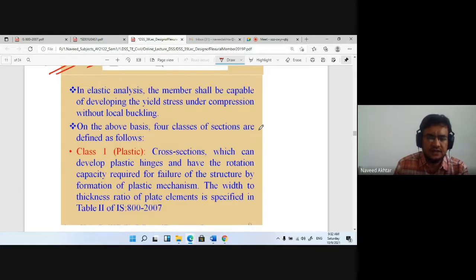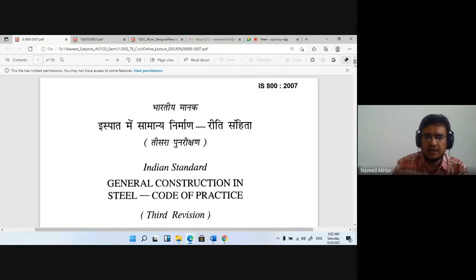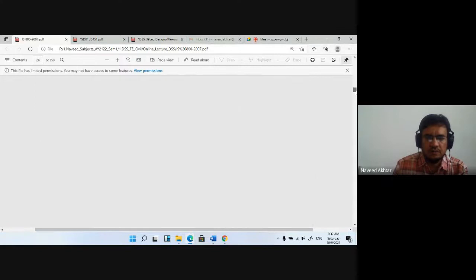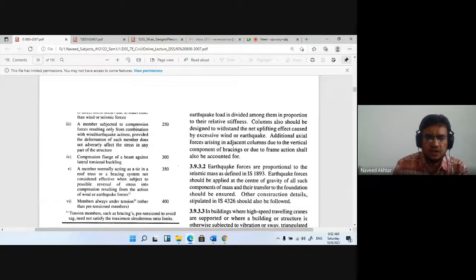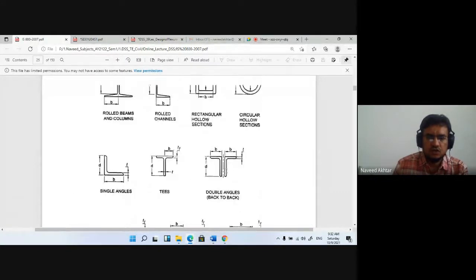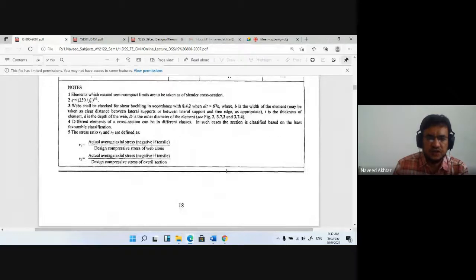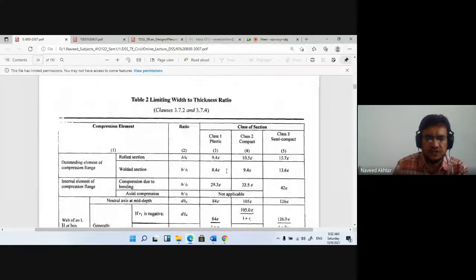On the above basis, 4 classes of sections are defined by IS 800-2007, given in Table number 2 on page number 18. Based on the width to thickness ratio, the types of sections are classified.